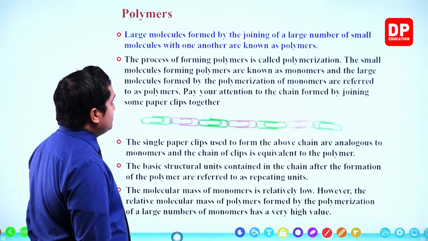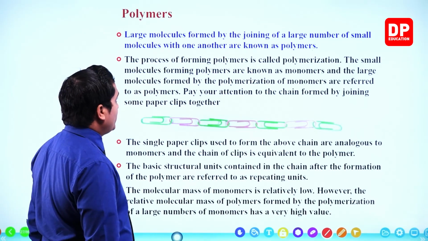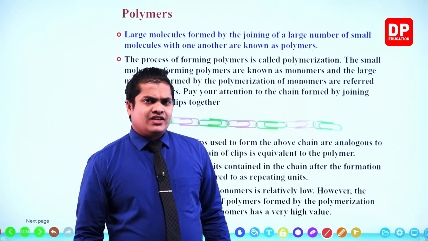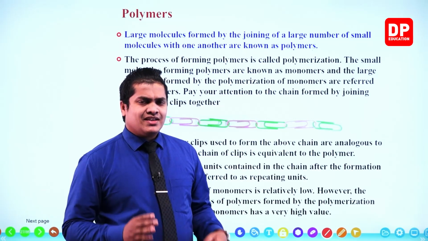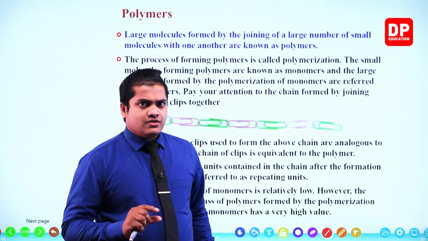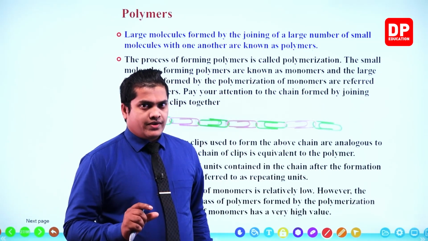Large molecules formed by joining a large number of small molecules with one another are known as polymers. Like I said, my dear children, a very large molecule is getting created by the combination of a large number of smaller molecules together.